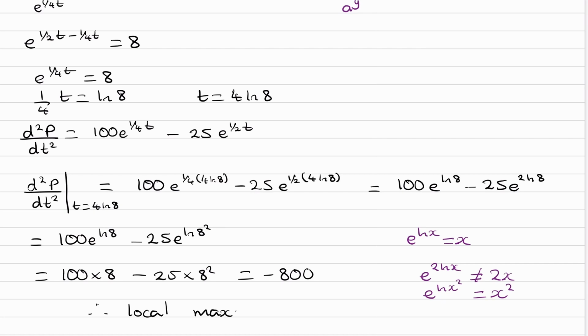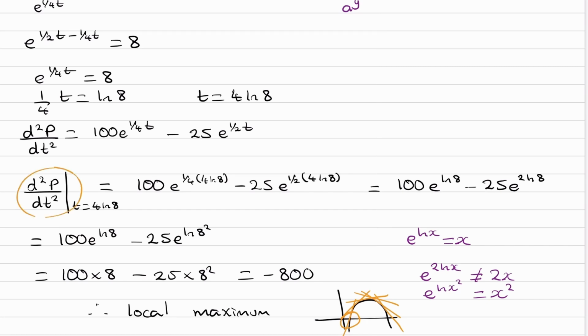Negative means that the gradient is decreasing. If you think about a maximum, as you go across from left to right and draw successive tangents, you see that the gradient is getting shallower and shallower, or more and more negative from its initial positive value. So the gradient is decreasing.